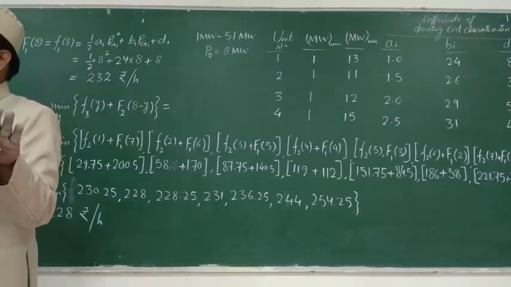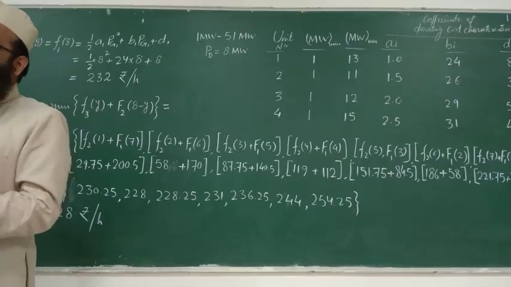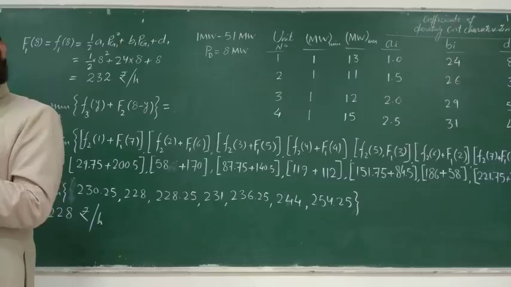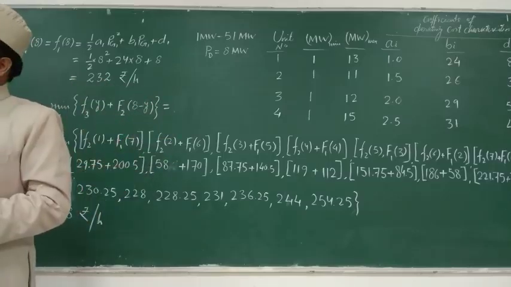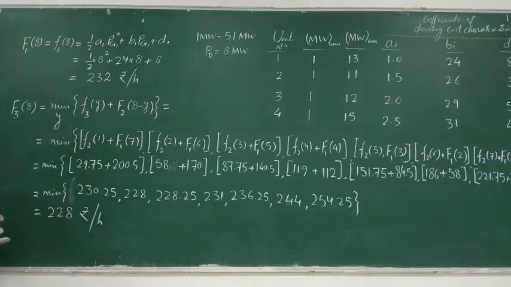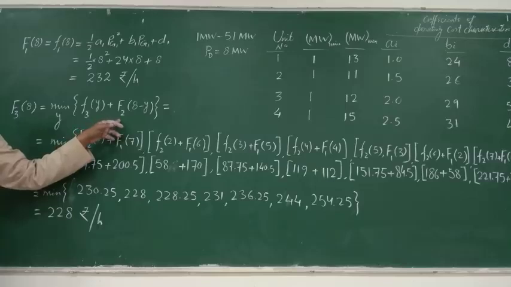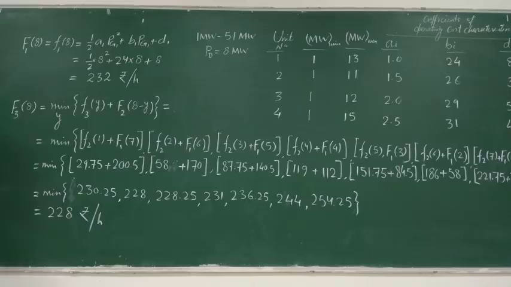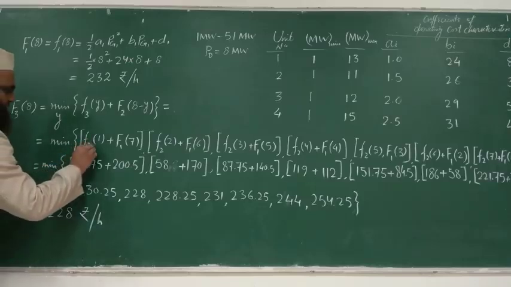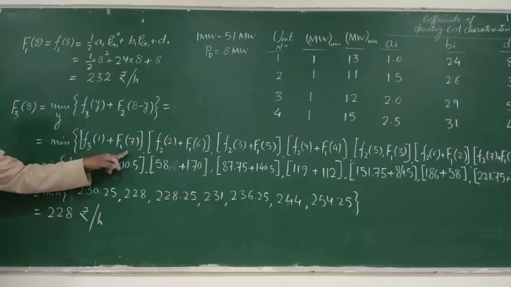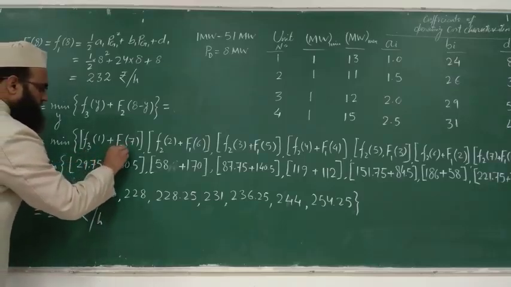Once 2 units are selected, and once you have obtained the minimum cost corresponding to a particular demand, other combinations are also covered here. So that's why you will write F2 of 8 minus y. Clear? And y varies in steps of 1 megawatt as we have assumed in the beginning of the class. Right. So various combinations here will be generating 1 megawatt from unit 3, clear, and the remaining from unit 2.